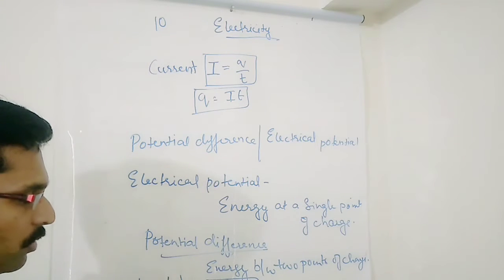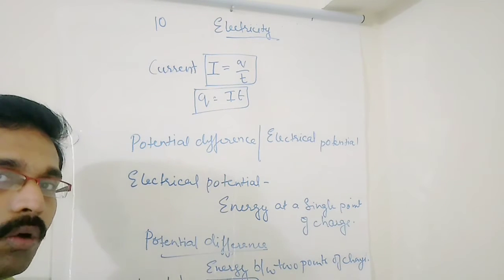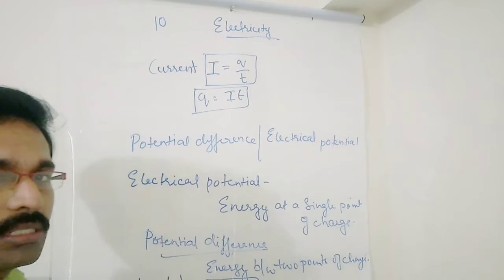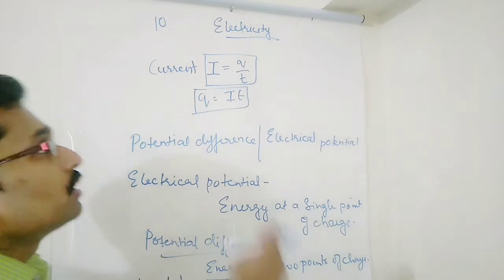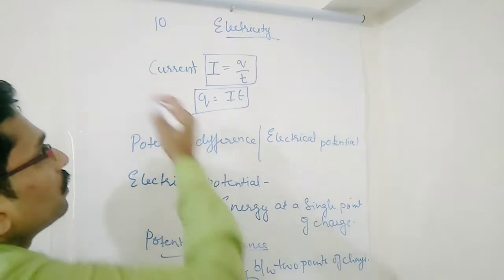Now we have got potential difference, and we studied what current is also. Now the device used to measure potential difference. In the last class I mentioned the device used for measuring current. It was the ammeter.